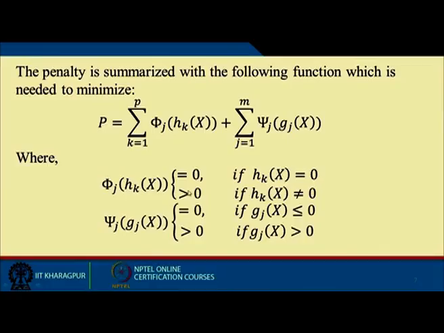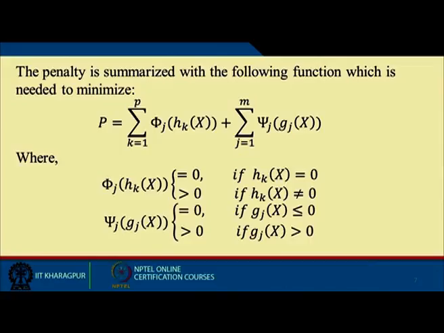And if hk(x) is not equal to 0, then phi j will be greater than 0. Why is it greater than 0? Because we have considered phi as the square of hk, that is, whatever violation of the constraint there is, on the positive side or negative side, we consider the square of it, so it will always be positive.